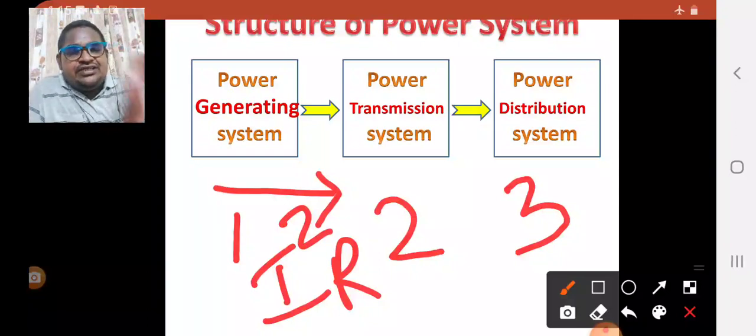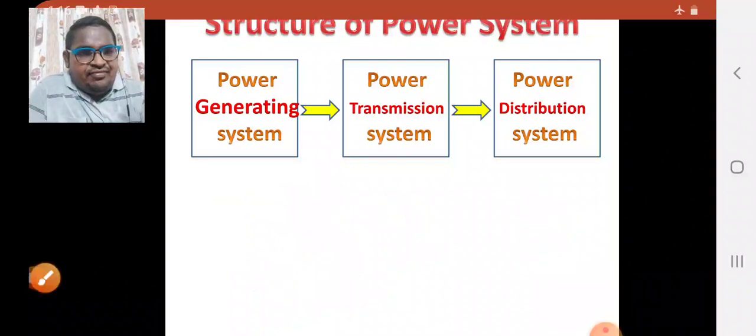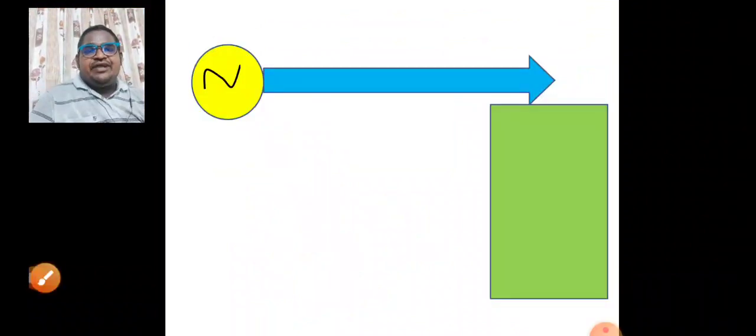Next, in the transmission, we transmit the power from generation to the distribution. In the distribution, we have to distribute to the consumers. This is the actual power system you have studied in PS1, and I am going to tell you the same thing. The power has to be transmitted. The power flow diagram is like this: it flows from generation to transmission, transmission to distribution.